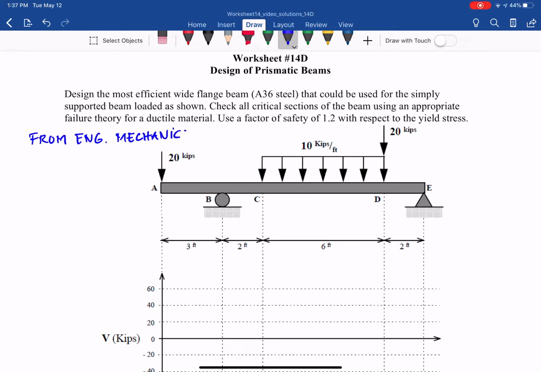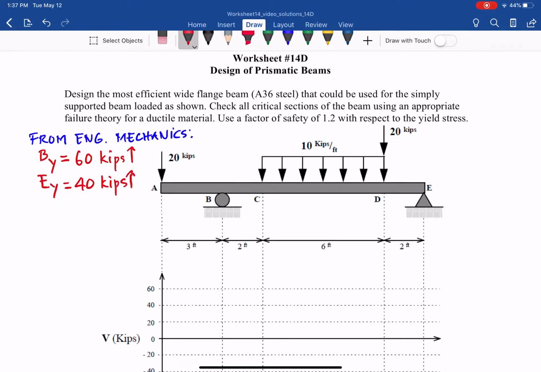Take the sum of all the moments about E to find out BY, and the sum of all the moments about B to find out EY. So you have BY equal to 60 kips going up, and EY equal to 40 kips going up.